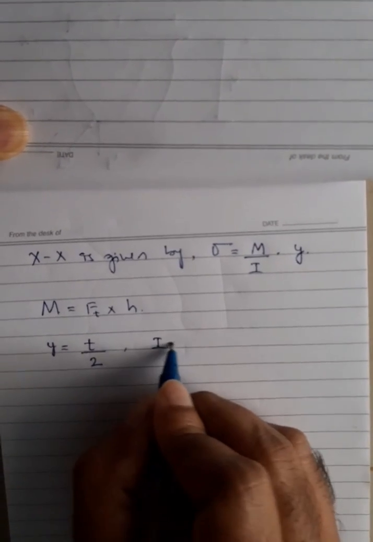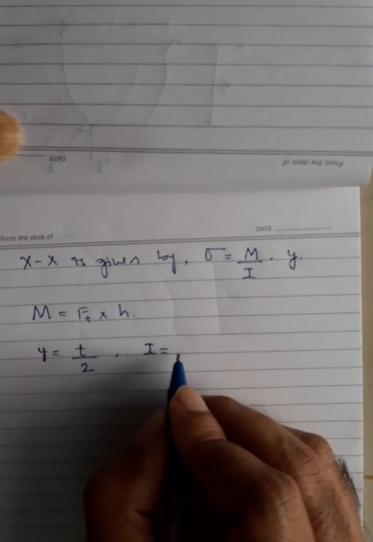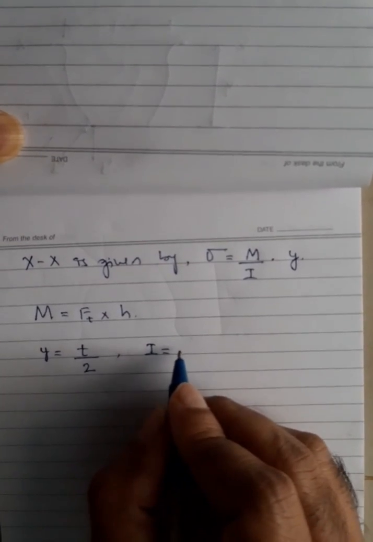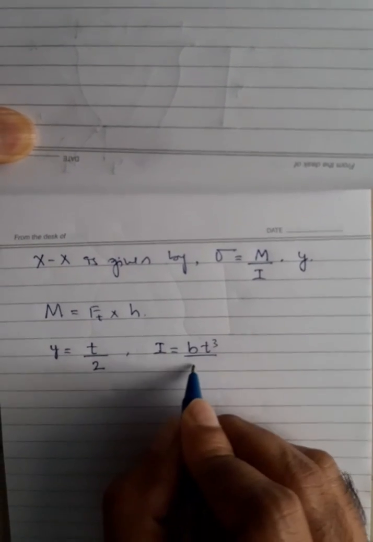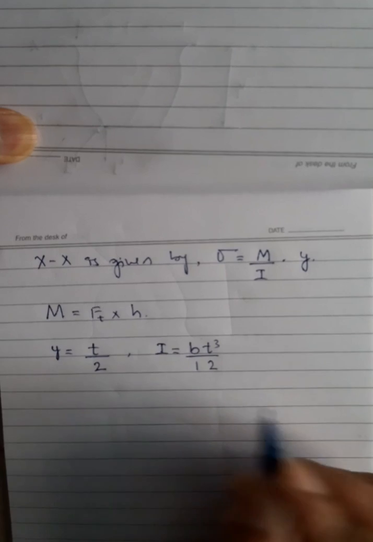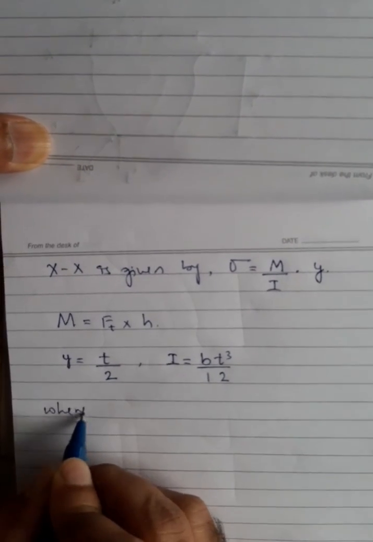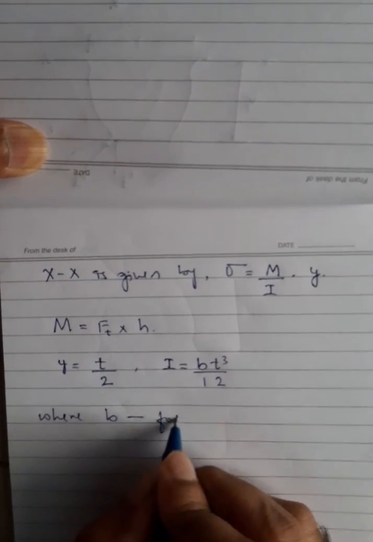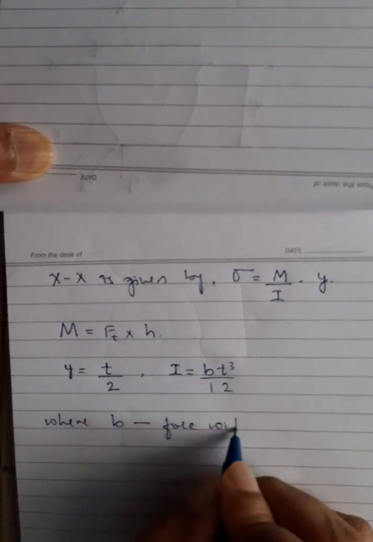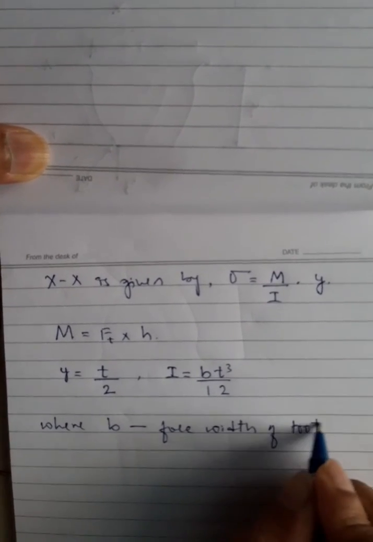For a rectangular cross section, the moment of inertia is given by b d cubed by 12, and here the depth is thickness, so it is b t cubed by 12, where b is nothing but the face width of the tooth.